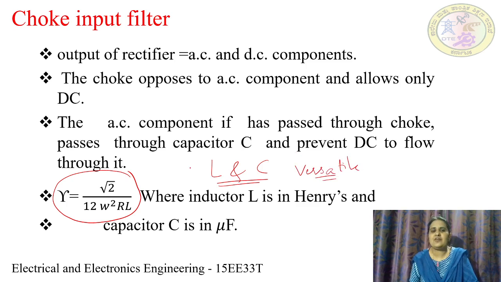Because it does not depend on the values of L and C. Of course we have to design them. If it does not depend, it does not mean I can use any value of L and any value of C. I have to design the particular values of L and C, but if that value changes often, our ripple factor does not change. Okay, it is not depending on the values of L and C. Of course it depends on the value of the load, that is immaterial, but it is not depending on the values of L and C.